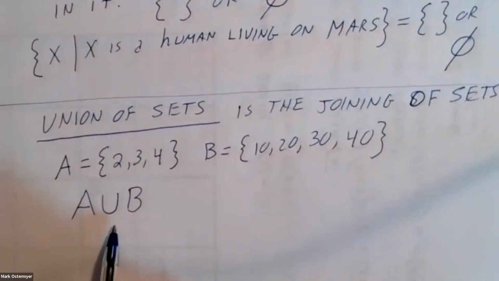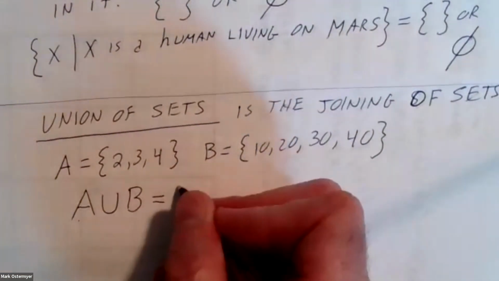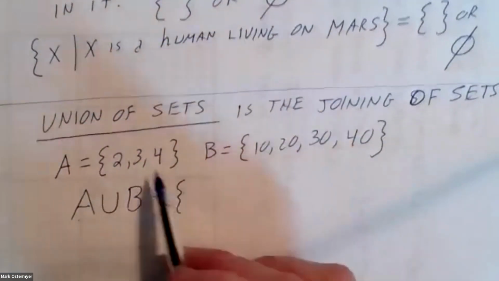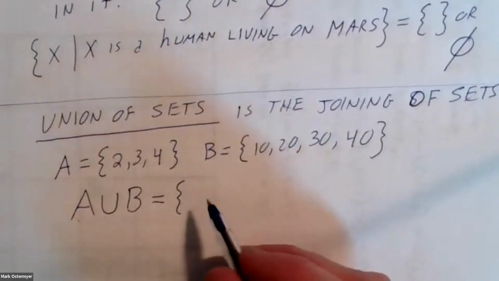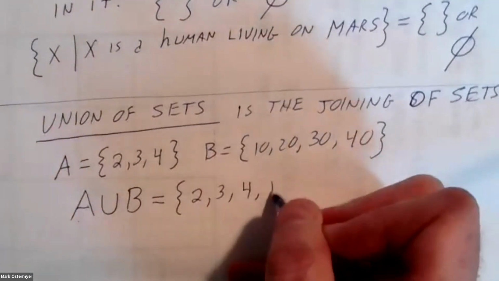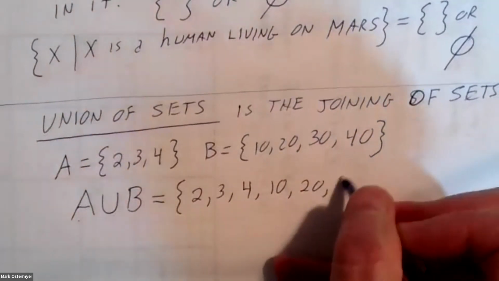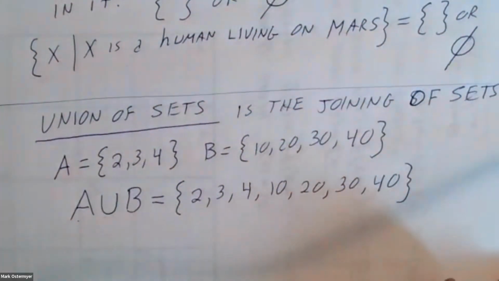So we read this notation as A in union with B, or the union of sets A and B. The union of sets A and B is going to form a set that basically joins sets A and B elements together. So A union B is going to be a bigger set that consists of all the elements from set A plus all the elements from set B. That's called the union of sets A and B.